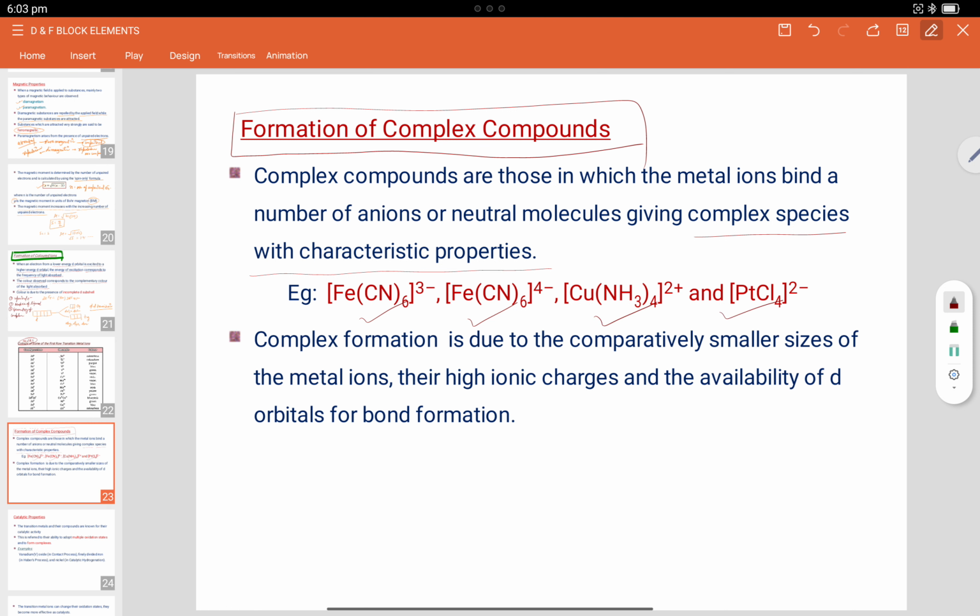Complex formation is due to comparatively smaller size of the metal ion and their high ionic charge and the ability of d orbitals for bond formation, because we are having incomplete d orbitals in the case of d block elements. That's why they are forming this type of complex compound. The next chapter is based upon the complex compound only, so in detail we will discuss this in the chapter coordination compounds, guys.